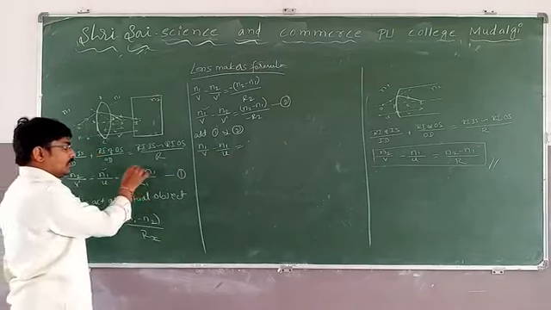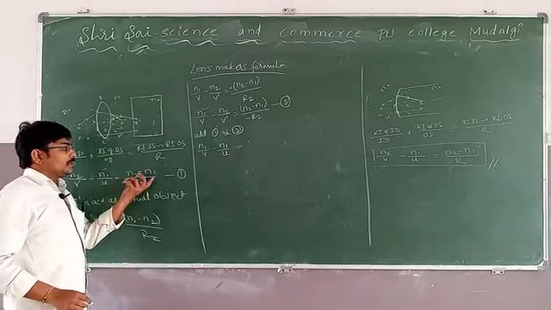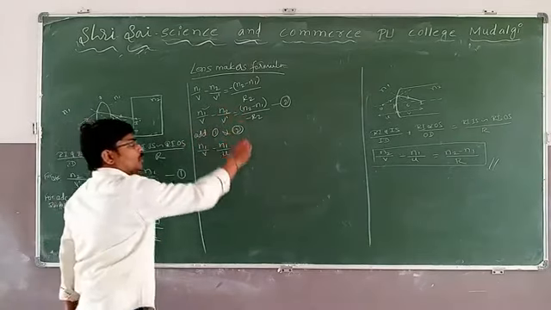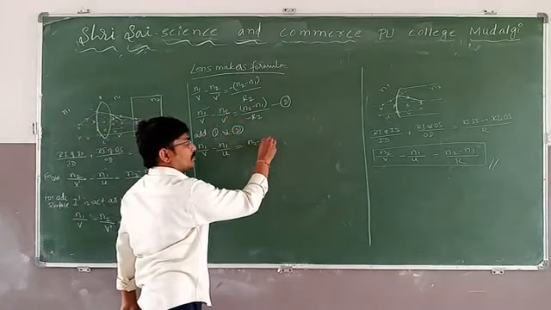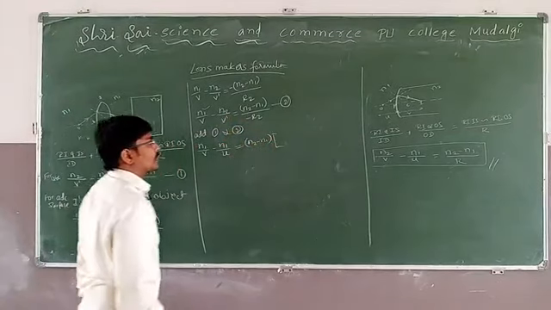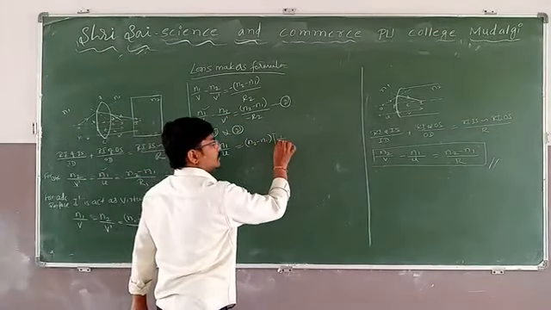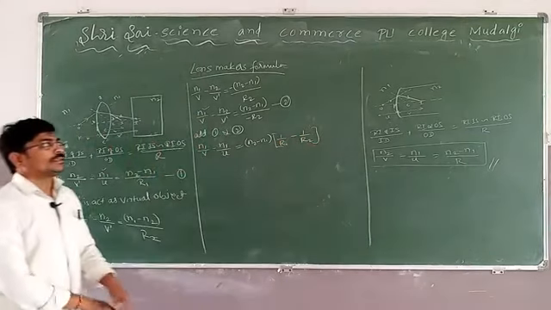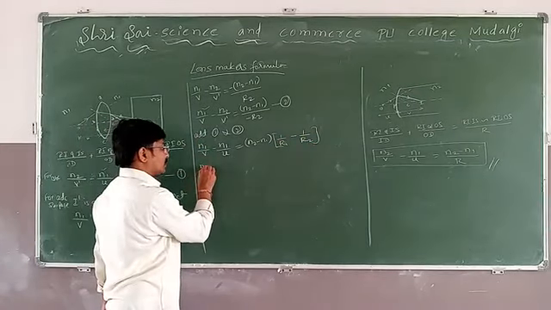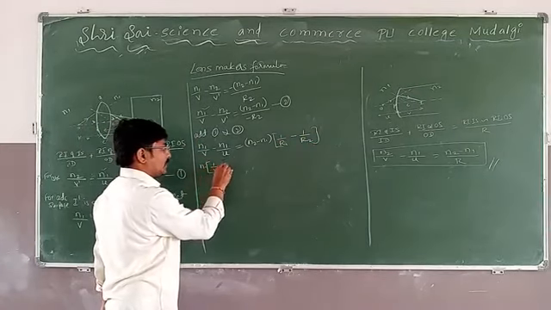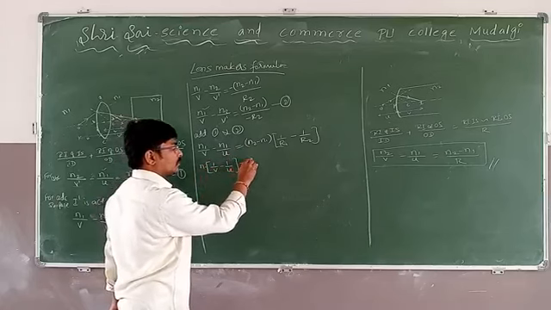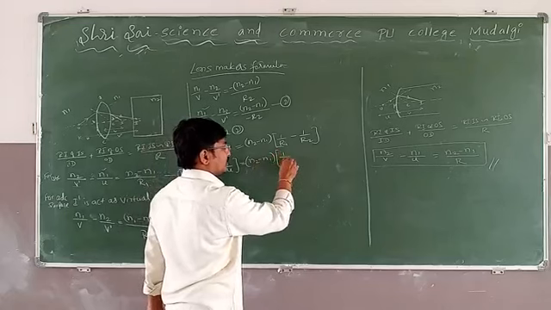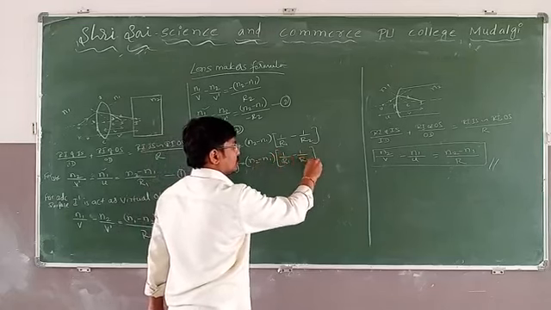Next, if you compare the two equations on the right-hand side, n2 minus n1 is common. Keep it outside, and inside the bracket 1 by r1 minus 1 by r2. Finish. Next, the common term is n1: 1 by v minus 1 by u is equal to n2 minus n1, 1 by r1 minus 1 by r2.